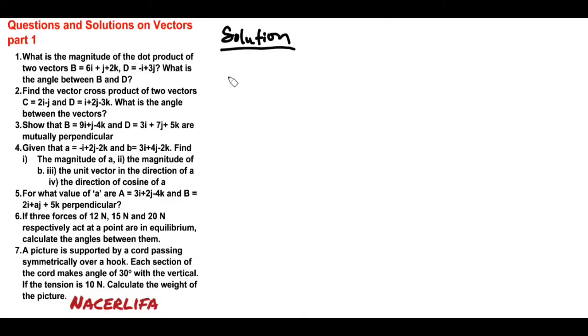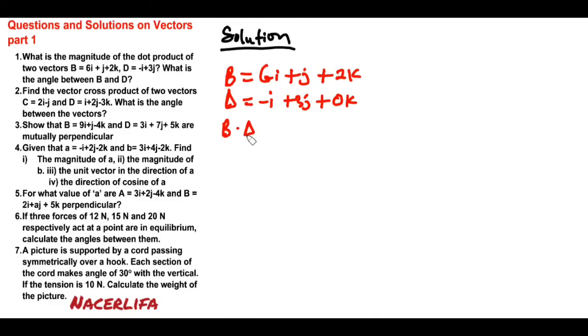So to solve this problem, let us write down the parameters. B equals 6i plus j plus 2k, and D equals minus i plus 3j. We don't have any component in k, so write it plus 0k. So how do we find the dot product? We say B dot D. So in this case, I will multiply i to i, j to j, and k to k.